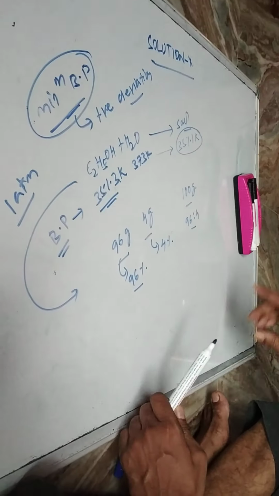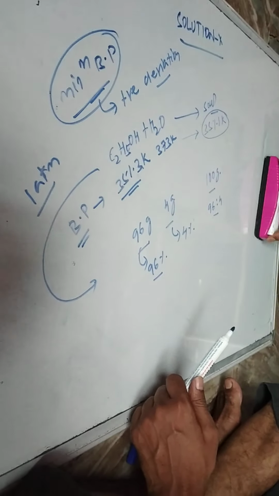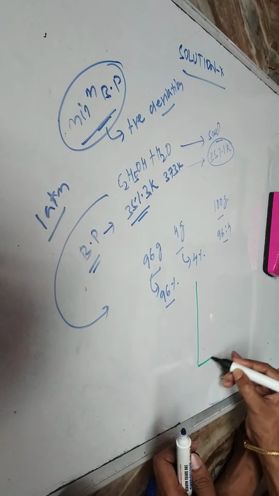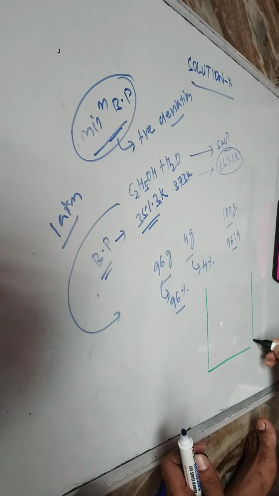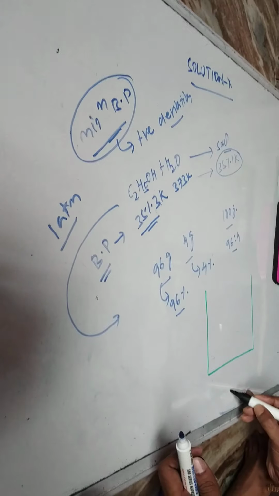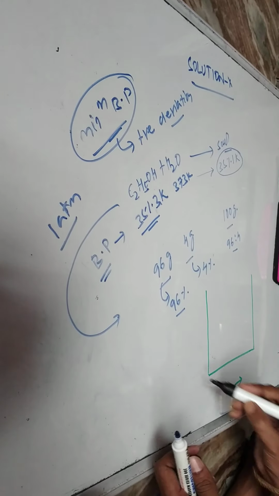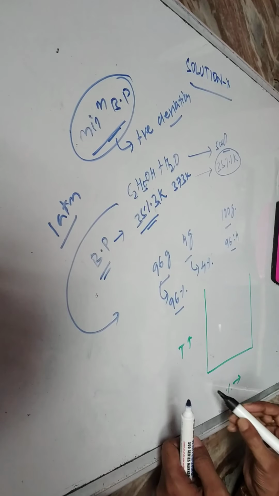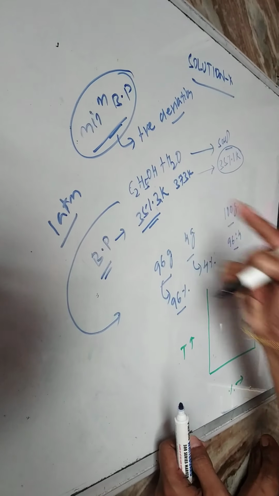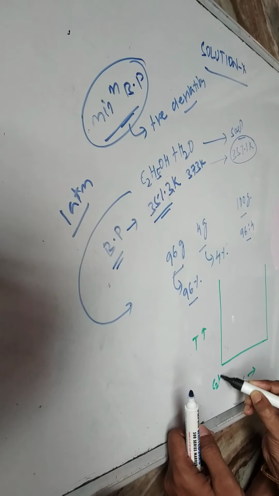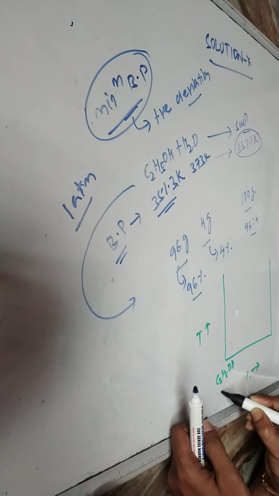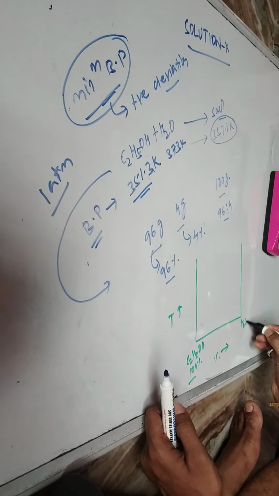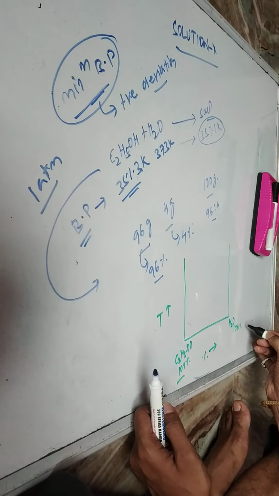In this minimum boiling point azeotropic mixture, if I want to plot a curve, I take percentage on the x-axis and temperature on the y-axis. Here I take ethanol, C2H5OH, 100% present, and here water, 100% present.